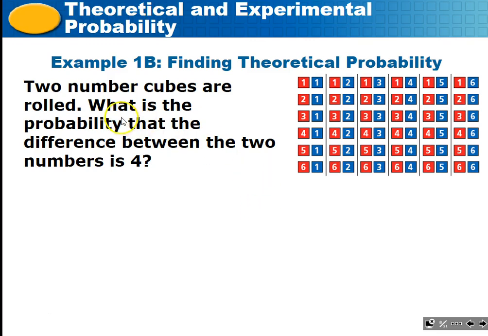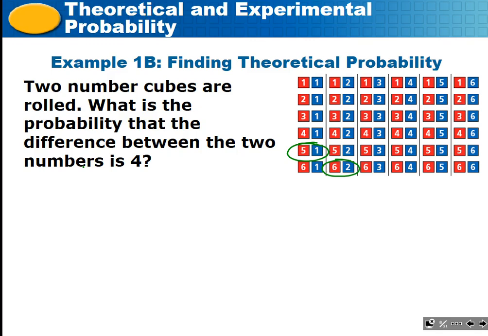So then it says, what is the probability that the difference between the 2 numbers is 4? Let's look and see when we get a difference of 4. 5 and 1 gives us a difference of 4. 6 and 2 gives us a difference of 4. I don't see anything in column 3 that gives us a difference of 4. In column 5, I don't see anything either.